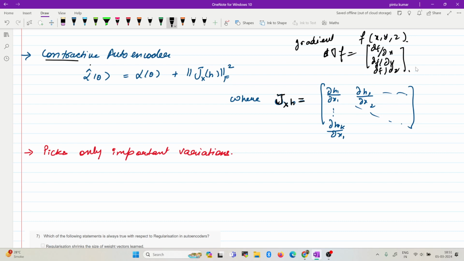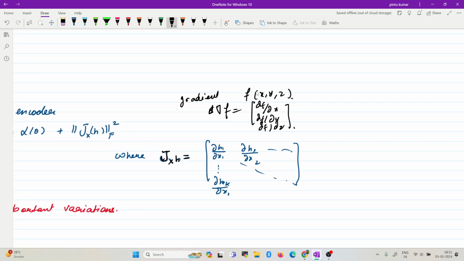This was your gradient, right? Now, what was f? F was a function from R3 to R.